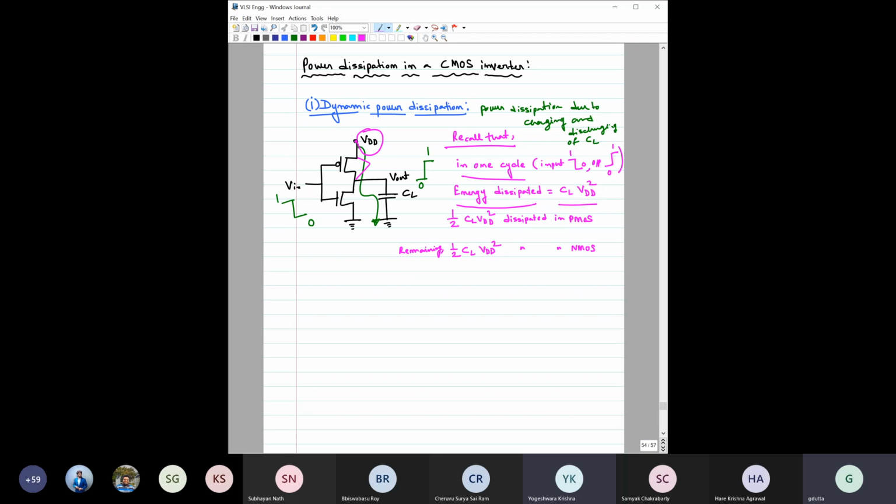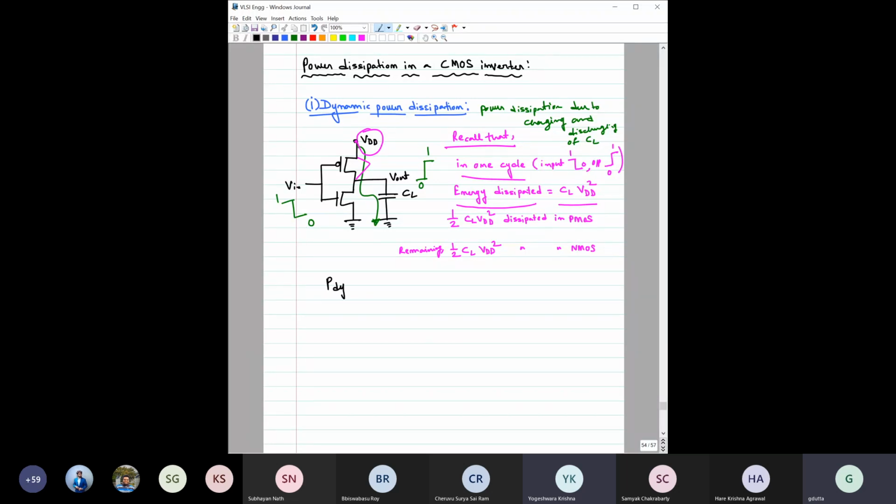So if you have to relate with the power, then this is for only one cycle, right? Then obviously we have to multiply it with some time factor, means we have to introduce some time factor. So power is basically energy dissipation per unit time, right? So what would be the power?